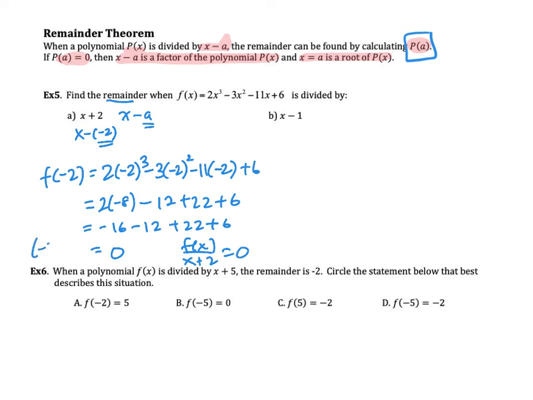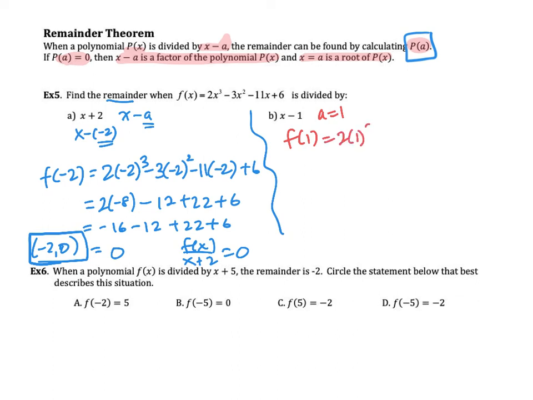So in other words, the point negative 2, 0 is on the graph, and that negative 2 happens to be a root. That's where it crosses the x-axis. Now let's look at the second example. So if I'm dividing this by x minus 1, then a is equal to 1. So I'm going to find f of 1.